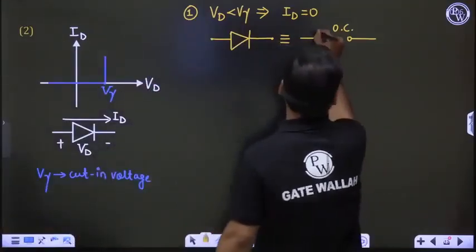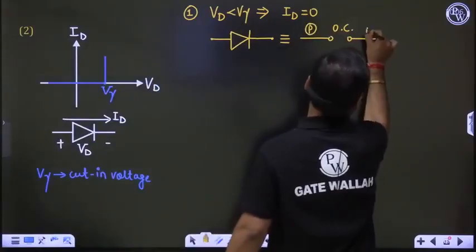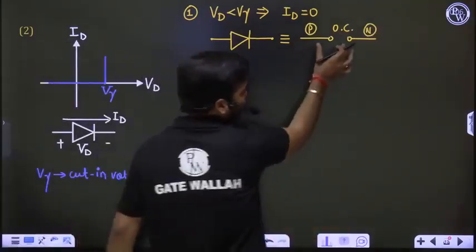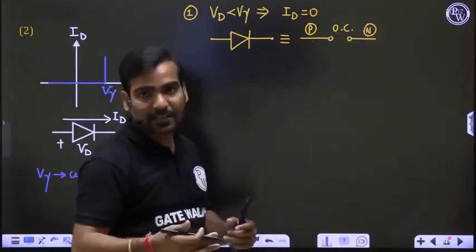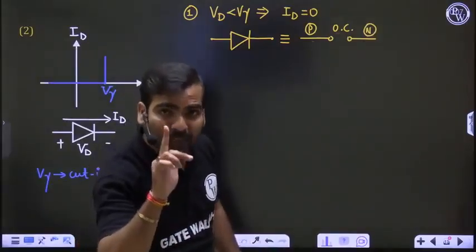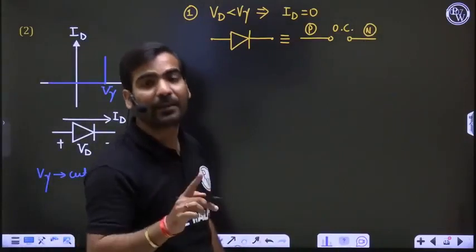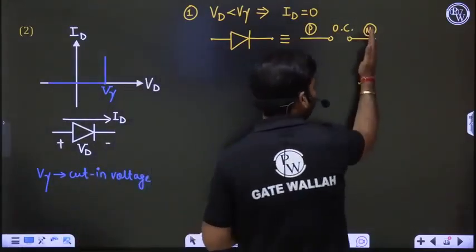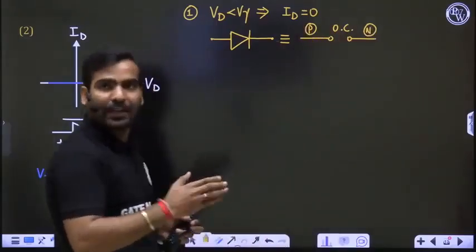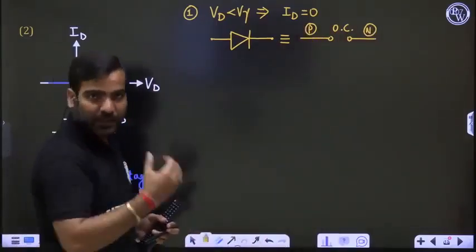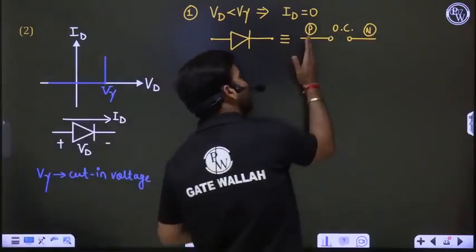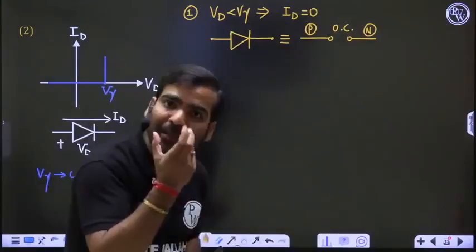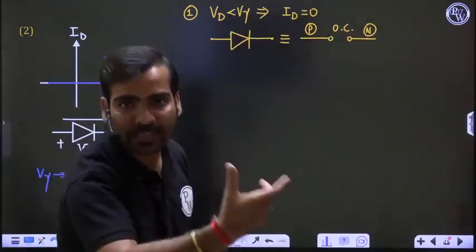Okay, so open circuit, this is P, this is N, but the diode can have any voltage. So voltage can be anything, but 100% this voltage will be less than V gamma. Either this voltage is N side positive, P side negative, that is reverse bias, less than 0 case, or if this voltage is P side positive, N side negative, then the amount is less than V gamma. That's why the diode is not getting on.